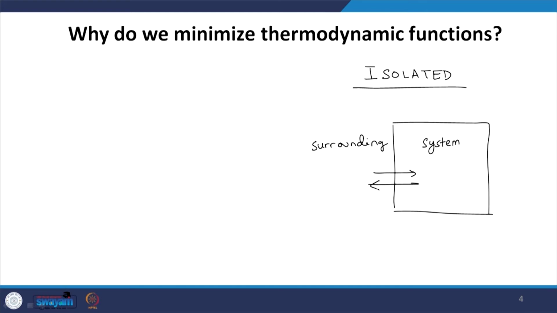So, there cannot be mass exchange and there cannot be any energy exchange, right. So, what this means is that when I go to the first law and we talk about energy of system plus surrounding, or to the second law when we talk about entropy of system plus surrounding, the surrounding itself is not playing any role in the isolated system case, because there is no exchange whatsoever of mass and energy, right.